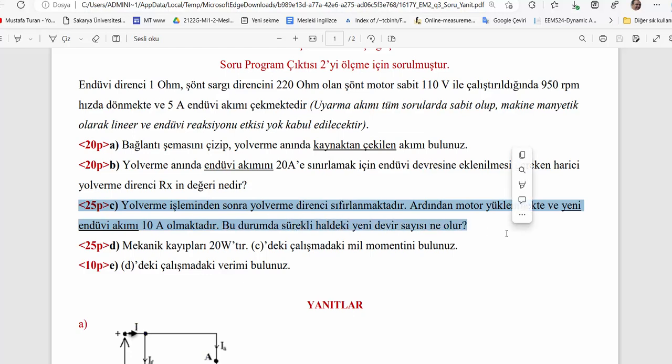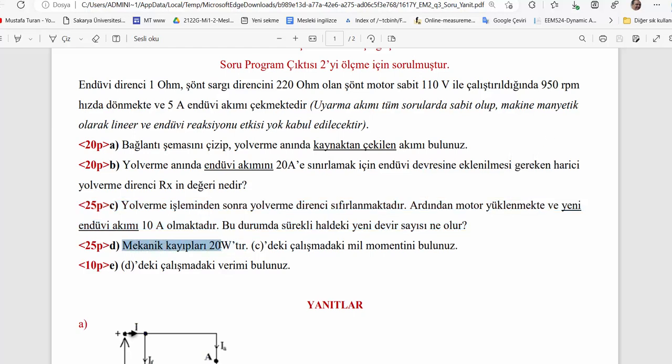Question D is a bit complicated, so I wonder if I could skip it, but I cannot, because there are some parameters based on C. So we should solve question C first, and then D must go step by step.